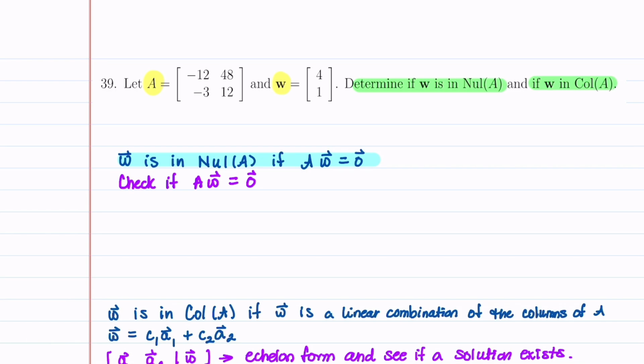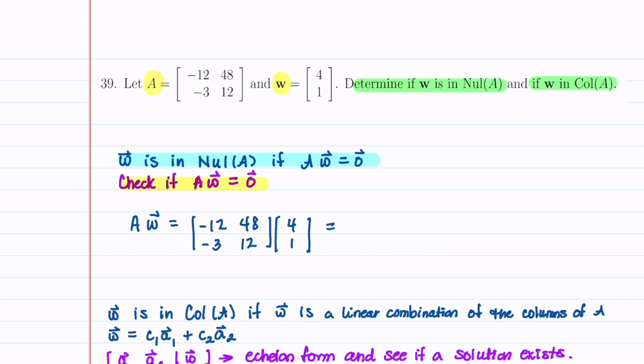So we're just going to have to check if A times W is equal to 0. So let's do that. Our A times W is equal to our matrix [-12, 48; -3, 12], and we multiply that by vector W, [4, 1].